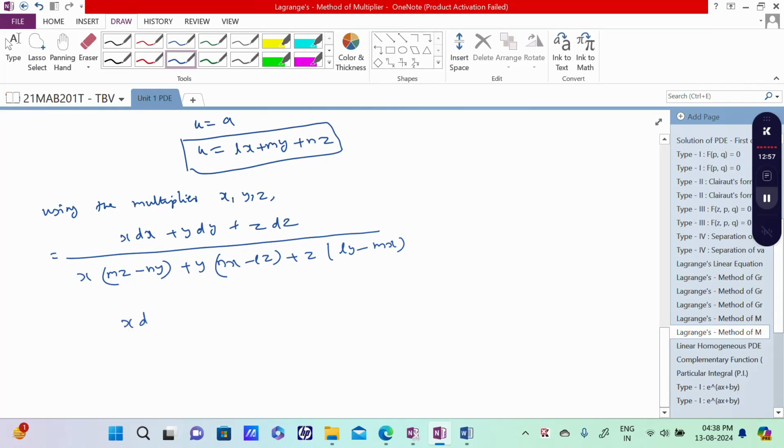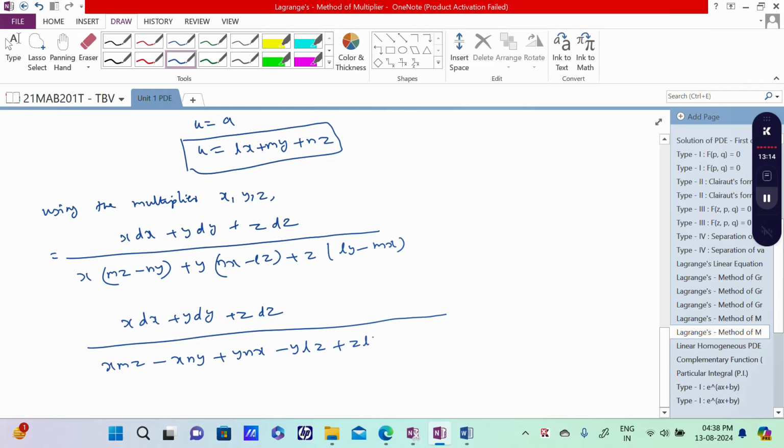Now the denominator: multiplying inside, we get xmz minus xny plus ynx minus ylz plus zly minus zmx. Now I check for terms that cancel: minus xny plus xny, then xmz with zmx, and then ylz with zly. So the denominator cancels, therefore x dx plus y dy plus z dz equal to 0.